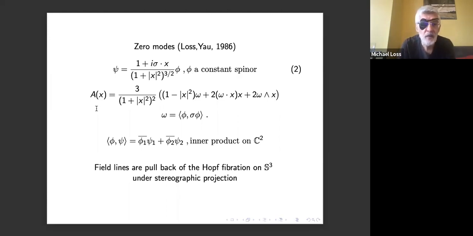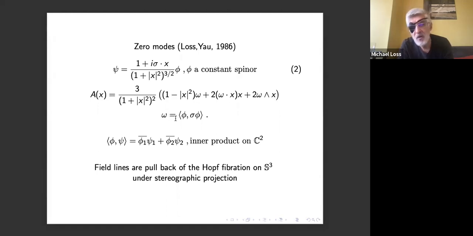And then you also can write down the A, which has this funny form, a 3. I mean, the numbers must be there. There's no way around it otherwise. A over 1 plus x squared, squared. And then you have this funny expression here. So this is the cross product of w with x, w dot x times x, and then 1 minus x squared times w.